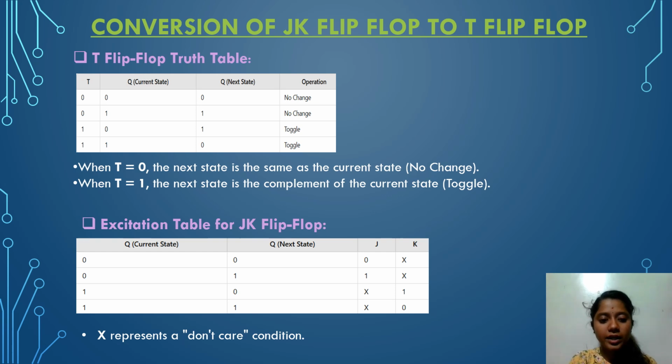So here X represents the don't care condition, and when the current state is 0, there is no change with the next state, but with the same current state, 0, there is another chance of the next state becoming 1. Moving on.